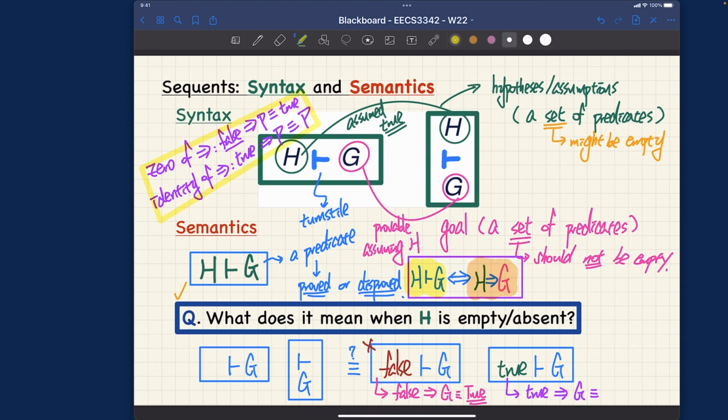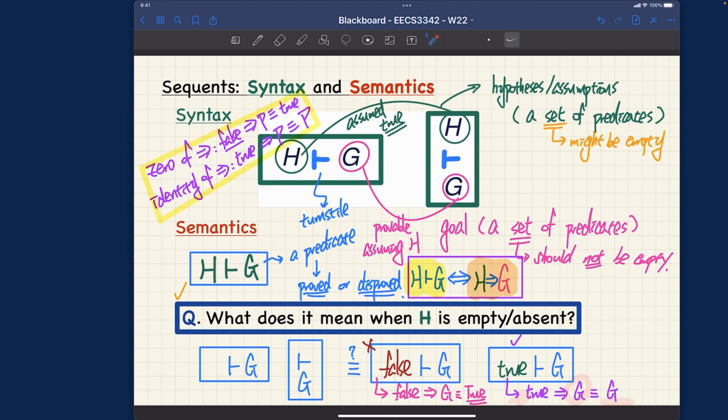All right, let's now go back to our discussion about here. So for the second alternative, that would be simply just G, right? Having hypothesis being missing, it would be as if we simply assume true, which is really not very useful in some way, right? Because true is always true. Assuming true, that we are able to prove G, meaning that G itself, without any hypothesis, would just be true anyway.